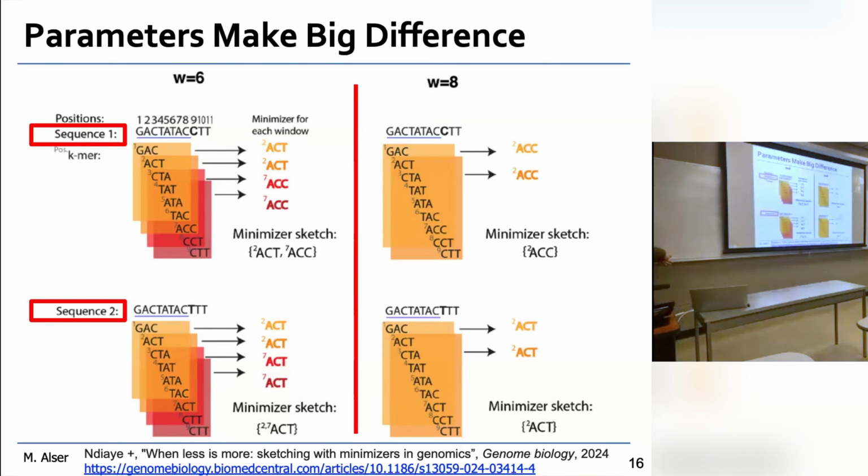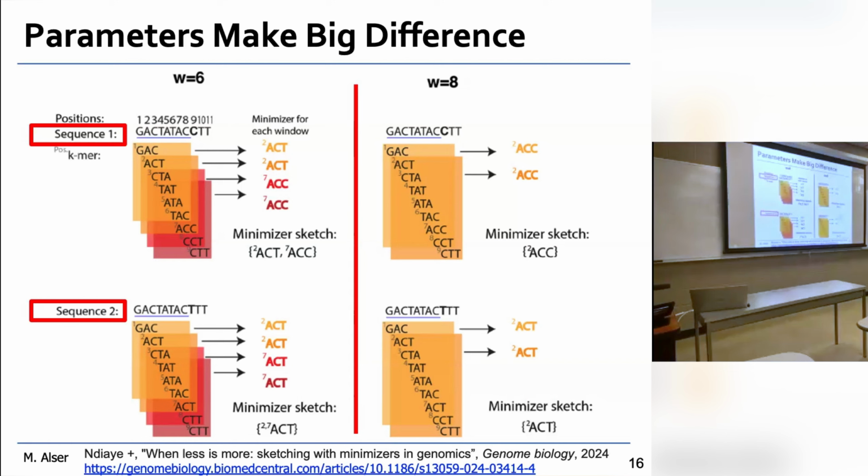Now let's go back to the example. I hope it's clear now, just an example of minimizer seeds over here and over there. However, the catch in this slide is that we are using two very similar sequences, right? The only difference is one character, and we are using certain values for W and K. However, when we check the minimizer seeds that we extract in both examples, you can see that the first and second are exactly the same.